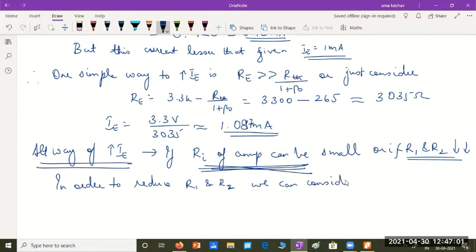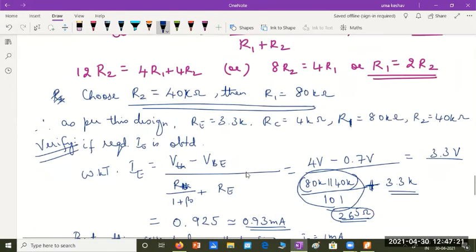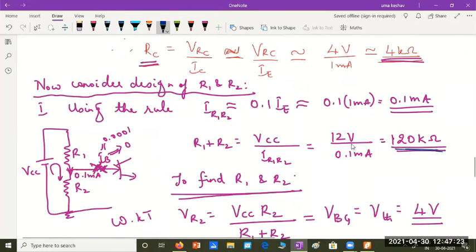We can consider current through R1, R2 to be 1 times emitter current. I told you it can actually range between 0.1 to 1 times IE. Yes or no? We had taken 0.1 times IE in the previous design, and when we took 0.1 times IE, we got large resistances.